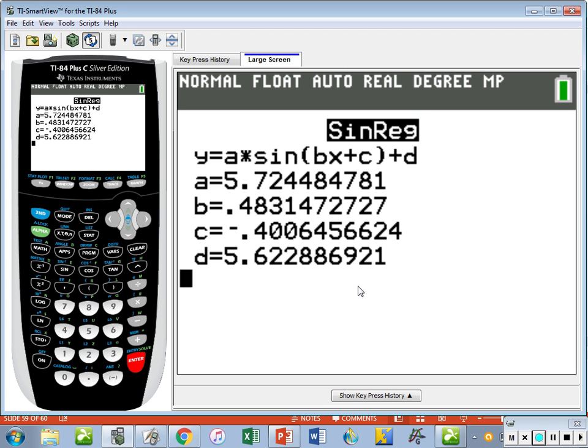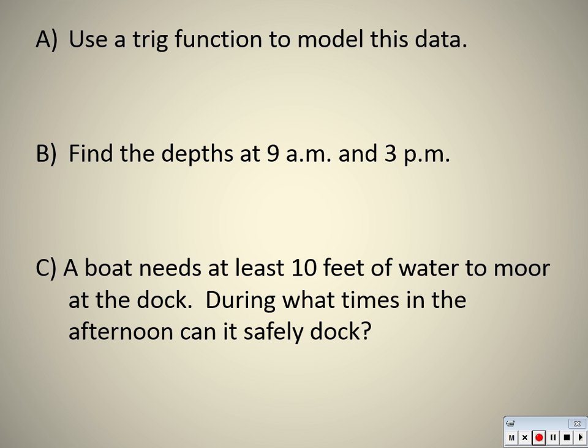One of the things to note is that your calculator puts the B value inside the parentheses. So when you write this equation, make sure that you put your B value inside the parentheses, and it's the only time I would ever tell you to do this.